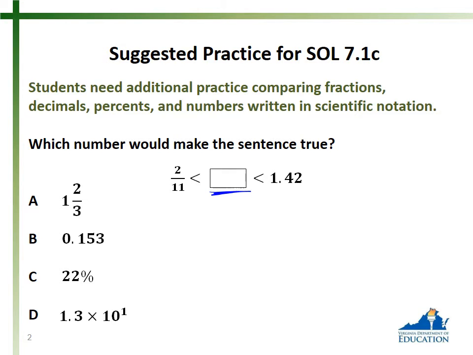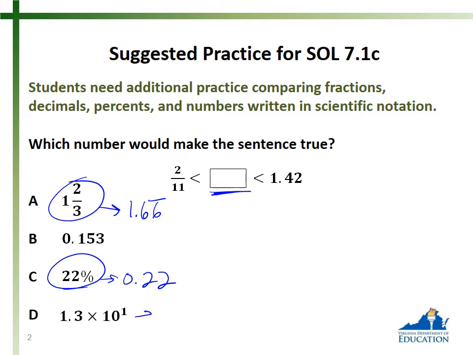If we make it all into decimals, letter A as a decimal is 1.66 with a line over it. 22% as a decimal is 0.22. And 1.3 times 10 to the first is the same as 1.3 times 10, which gives us 13. So already 13 would be out because that's way too big.